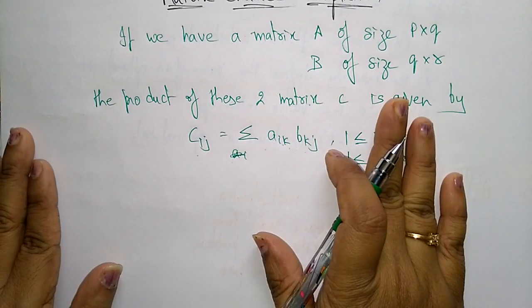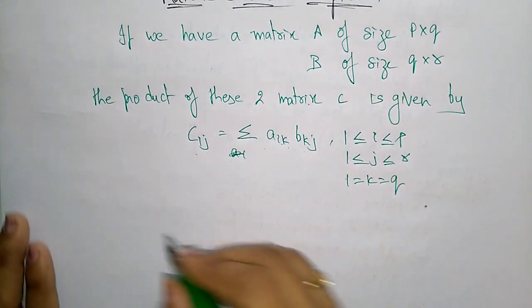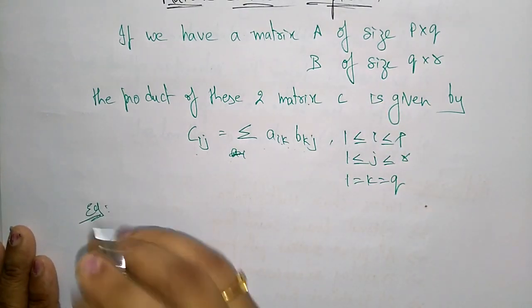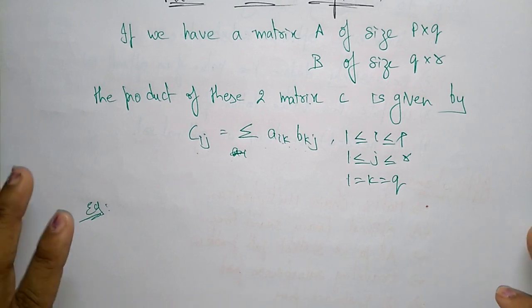It requires a total of PQR scalar multiplications. So let me take a simple example, showing how to multiply two matrices. After that, I will take matrix chain multiplication using the dynamic programming approach.